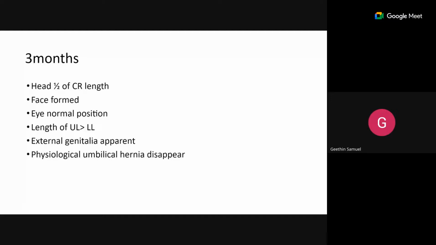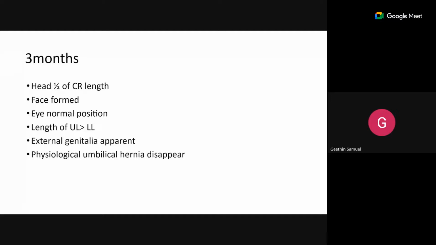There is another also, crown heel length. That is the standing length. That is from the upper part of the head to the heel. Usually the crown rump length is measured during the ultrasound to assess the fetal growth.